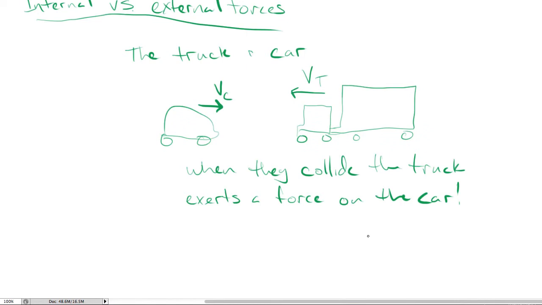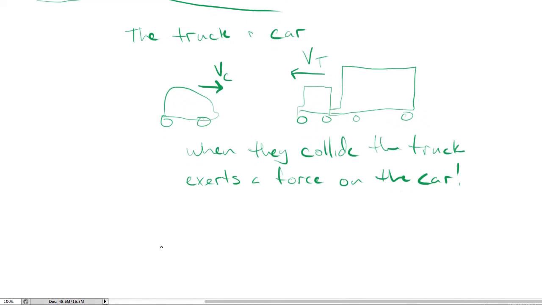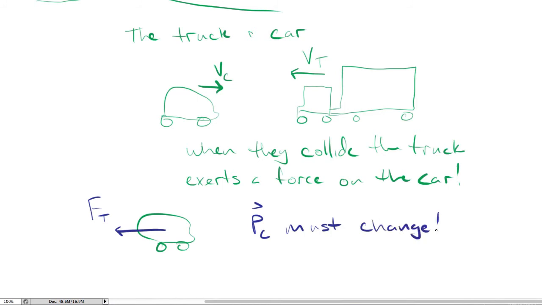So that means that if I just look at the car, let me take a look at the car here. So here's the car. I could draw a free body diagram of that car where I'm labeling all the external forces. There's this force due to the truck. Since there's a net force acting on the car, the momentum of the car must change. Right?